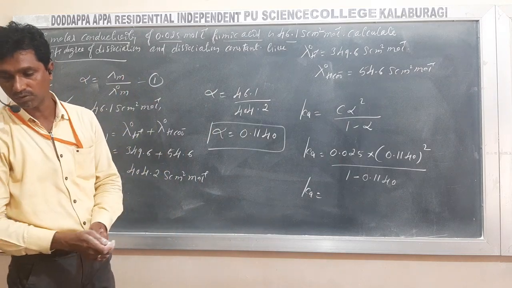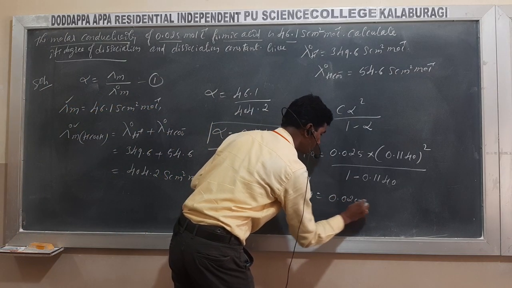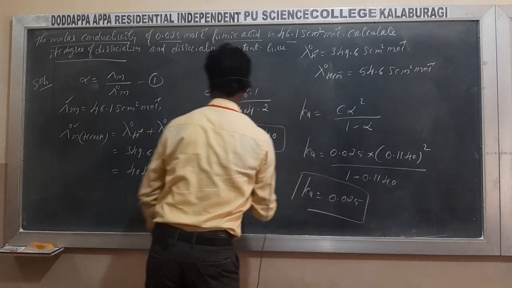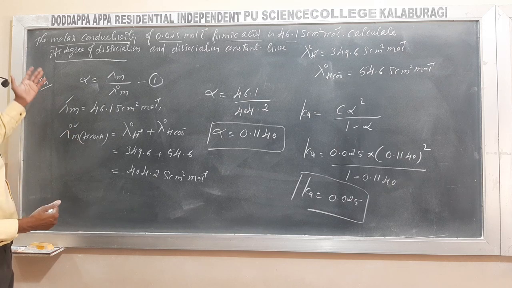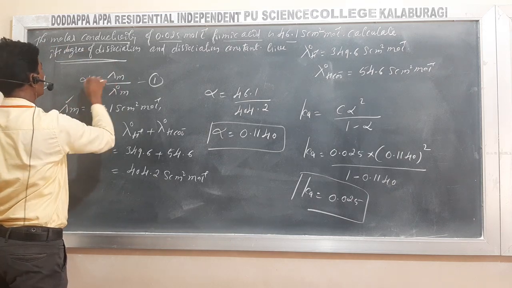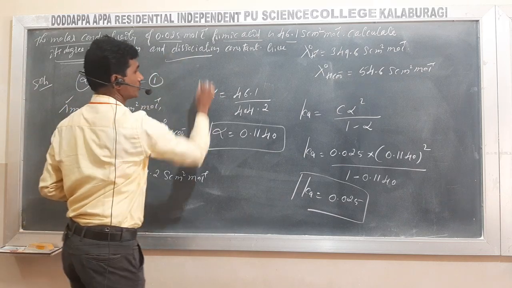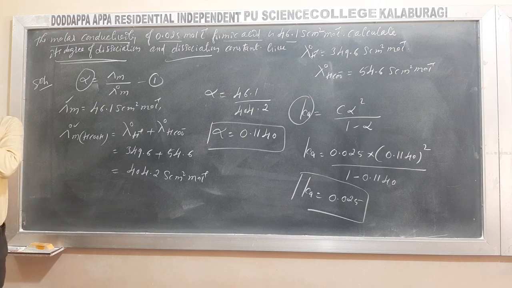This type of problem is very important from the examination point of view: the calculation of the degree of dissociation alpha and the dissociation constant K. So this is the example.